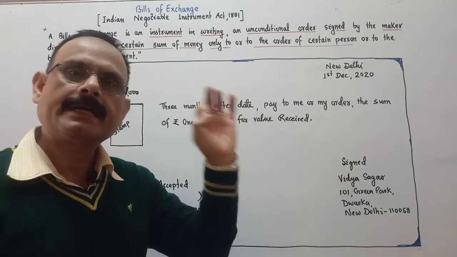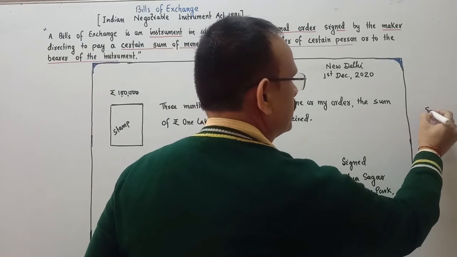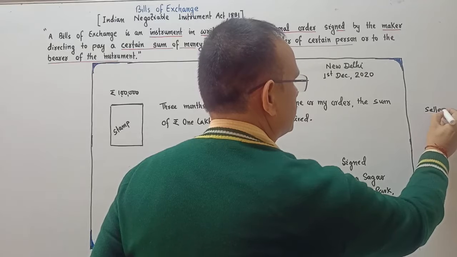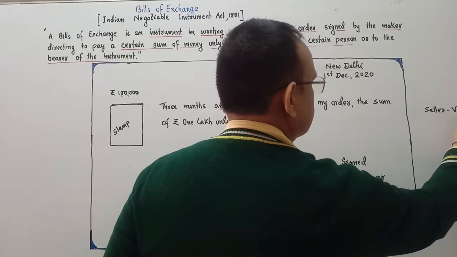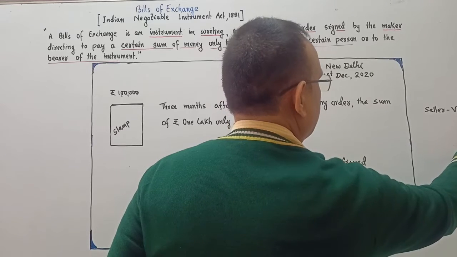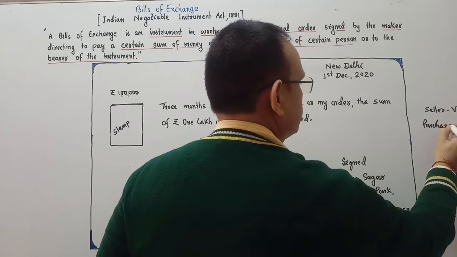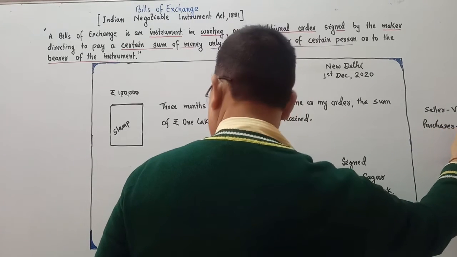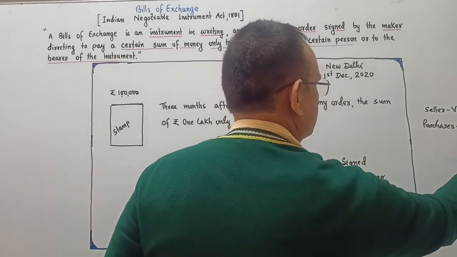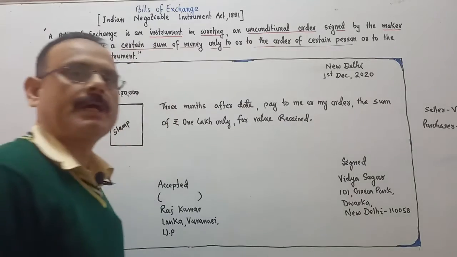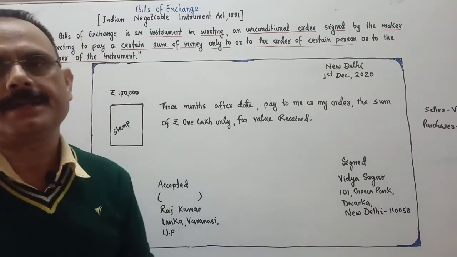Vidyasagar is the seller and Rajkumar is the purchaser. So Vidyasagar sold goods to Rajkumar worth rupees 1 lakh on credit.